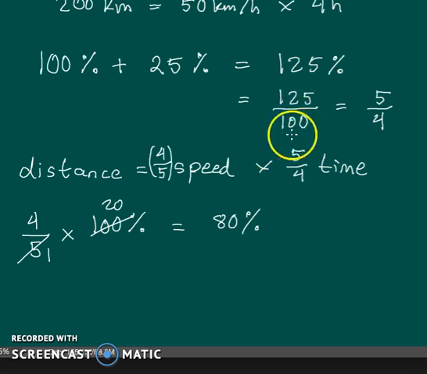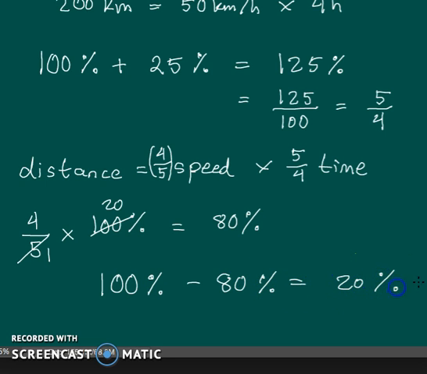So your speed was 80% of what it is usually, but the question is, by what percentage was my speed reduced? So we'll have to subtract 80% from 100% in order to get 20%. So your speed was reduced by 20%. You were 20% slower than usual.